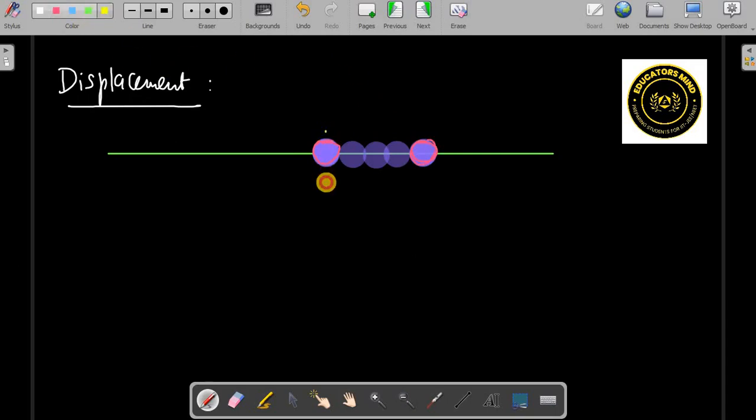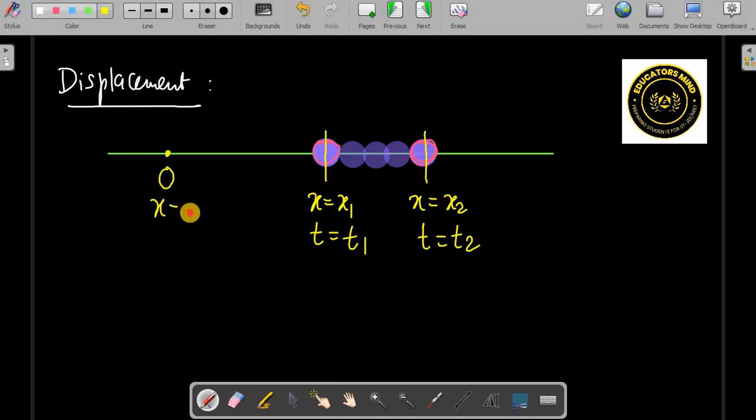So let's say this position is x equal to x1 at time t equal to t1. Similarly, this position is x equal to x2 at time t equal to t2. Let's say this is the origin, which is x equal to 0. So the body has moved in this direction, from this to this. So this is the displacement.